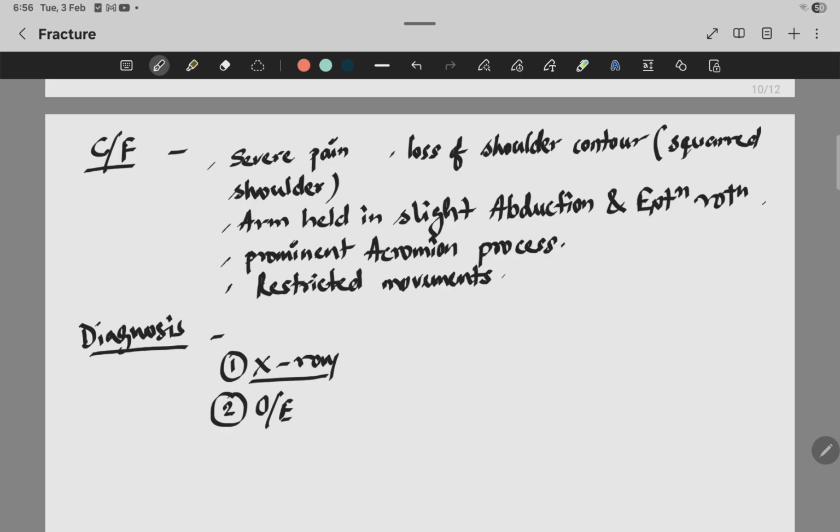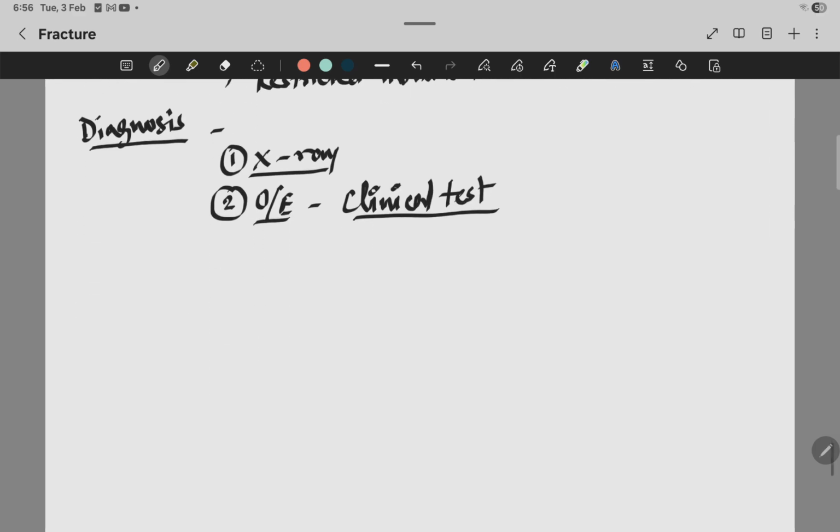What are the clinical tests in examination? Number 1 is the Dugas test.